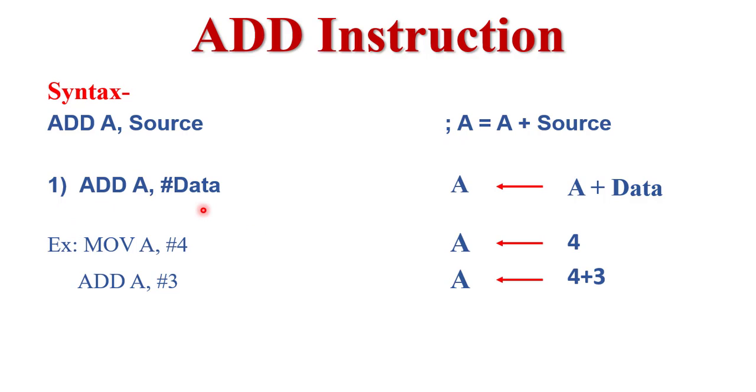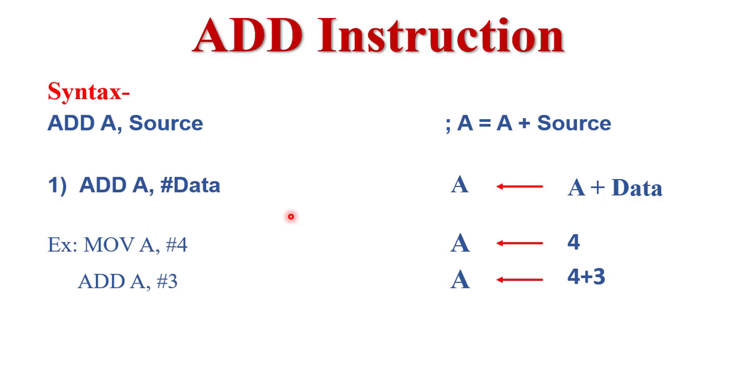Now the first example of the addition instruction is ADD A, #data. Hash data represents immediate data, so this instruction is an example of immediate addressing mode. This instruction tells that this immediate data is added with the content of the accumulator register and the result is stored in the accumulator register. When we perform addition, subtraction, or multiplication, we require two data.